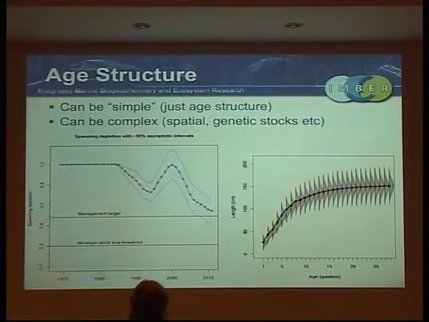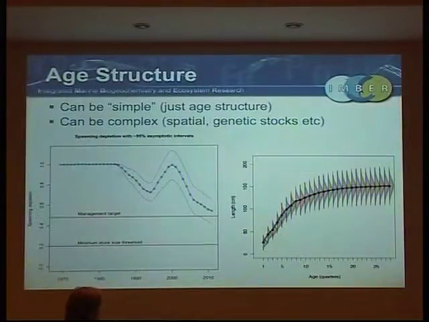Typically what you get out the other end of the stock assessment is the predicted current state. This is a fish from Australia that they think wasn't really fished until the late 1980s, and then this was roughly its biomass trajectory. Australia's management target is to have no species less than about 48% of its unfished state.